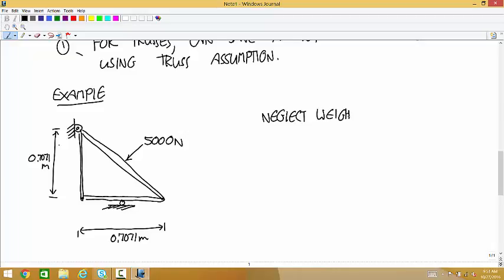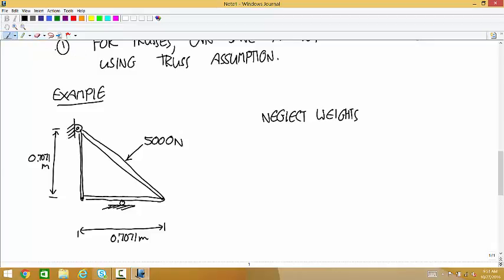So I've been talking about all these times that you neglect the weights. Why would you do that? Well, yeah, that's the key thing. Yes, it does reduce the amount of work, but you can't always do it. The times that you can do it is just when you're applying external forces that are much, much bigger than the weight is going to be. And so if you did include the weight, it wouldn't change the answer very much.